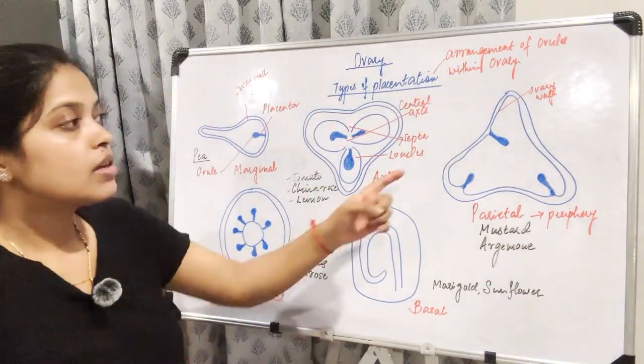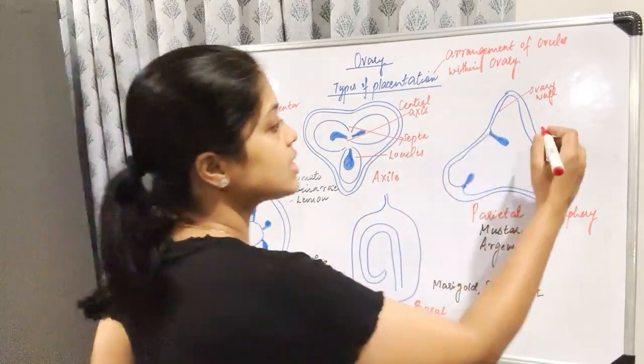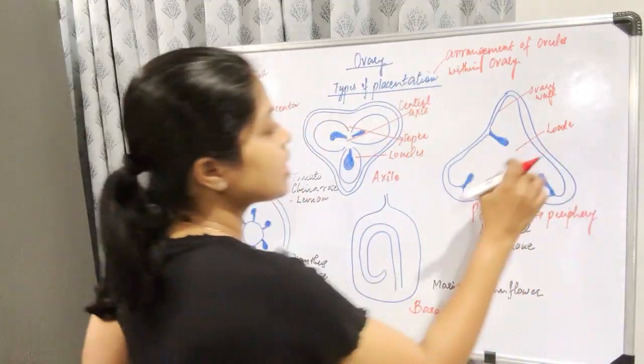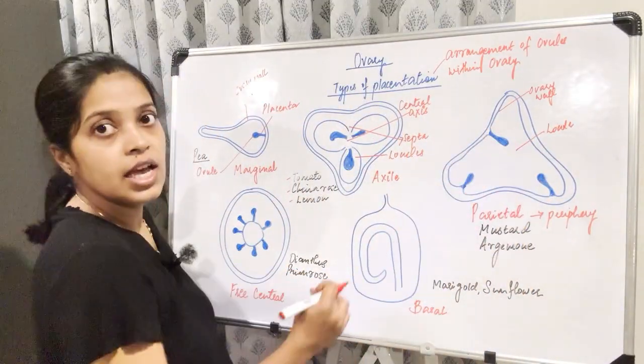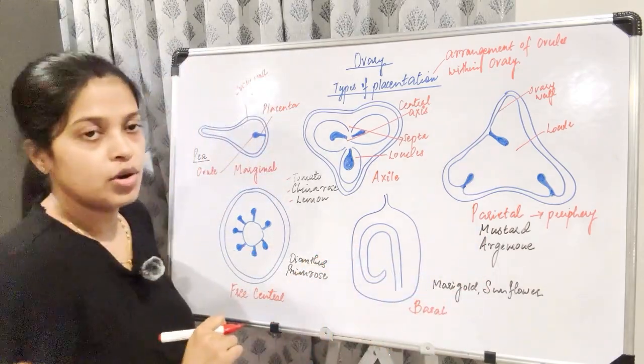Here no septa has formed, so this is a single locule. There is a single locule and the ovules are present in the periphery. The examples are mustard and argemone.